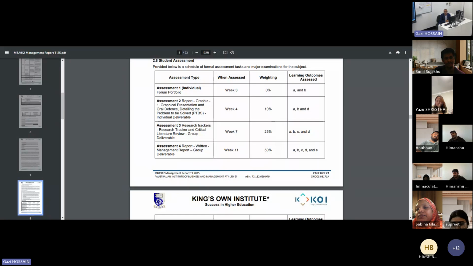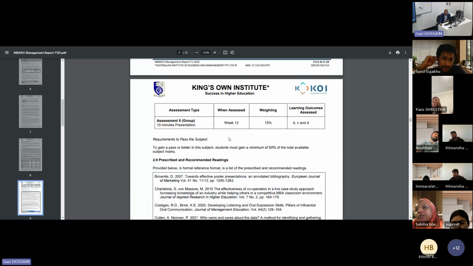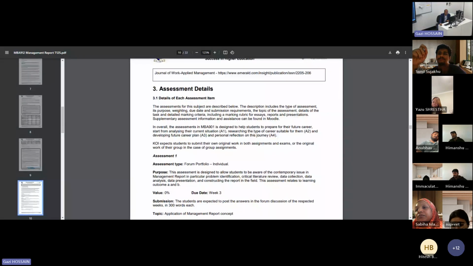So you will buy a poster, and you will bring that poster in week 4 and present from that poster.